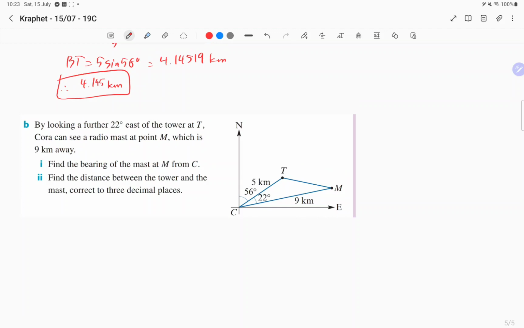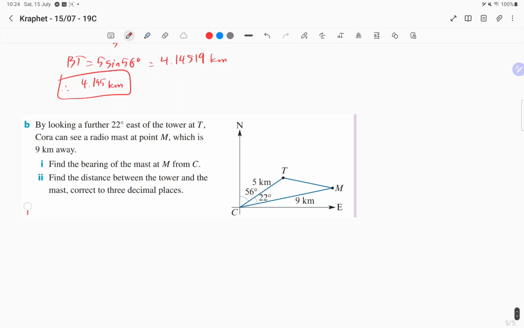Find the bearing of the mast at M from C. So they already put 22 degrees here, which means for question 1, the bearing of M from C is just 56 plus 22, 78 degrees.